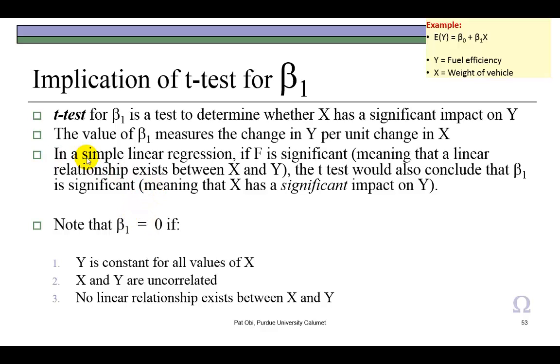So with F being significant, t would also be significant.